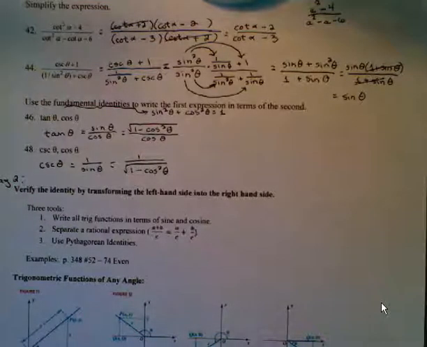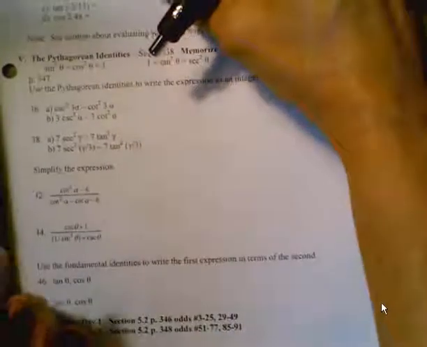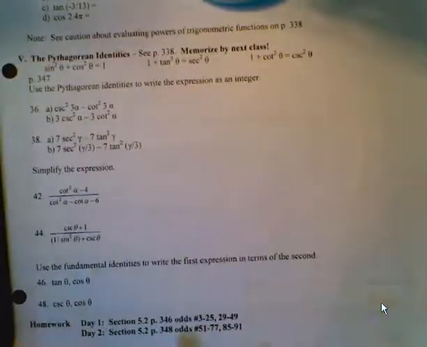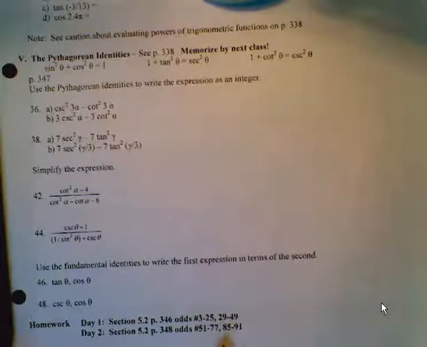There it is. The homework for day one of 5.2 is page 346, odds 3 through 25 and 29 through 49. Have a good day.